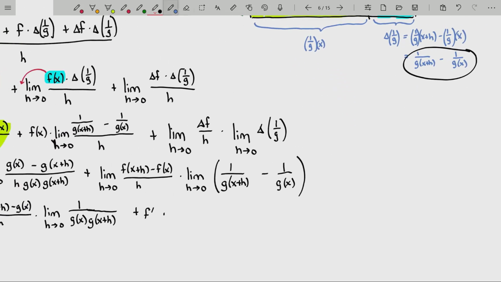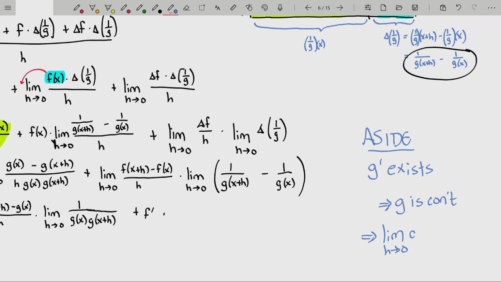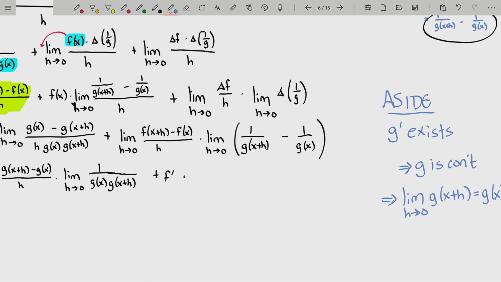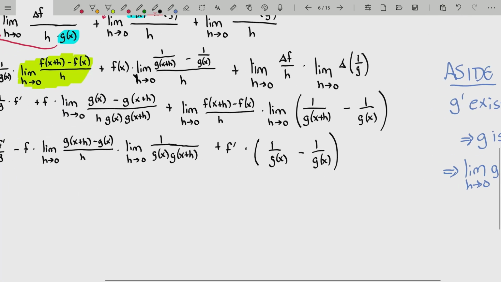So as an aside, g prime exists, implies g is continuous, implies limit as h goes to 0 of g of x plus h is going to be g of x. And so as h goes to 0, I can then say that this last piece is going to be 1 over g of x minus 1 over g of x. And that is just a number minus itself, so that's going to be 0.